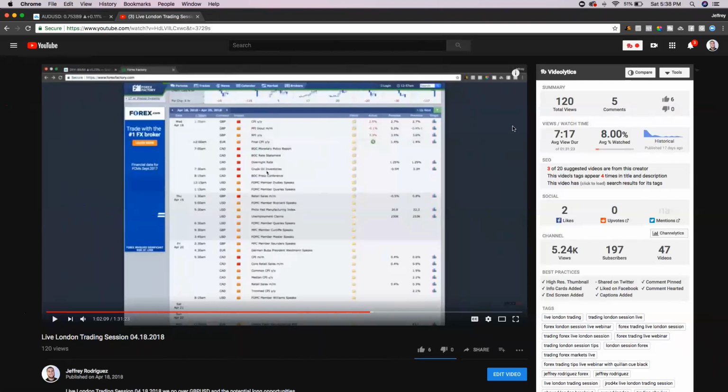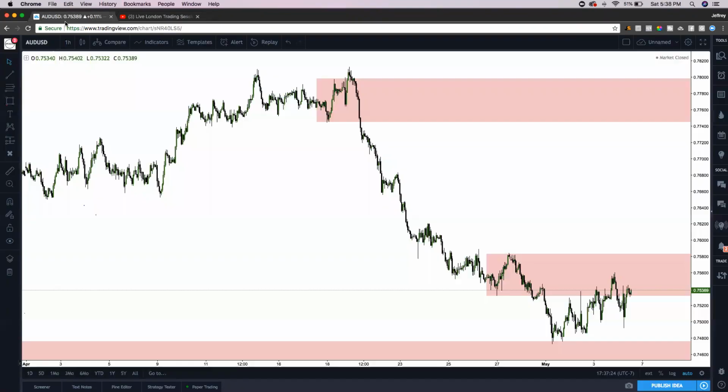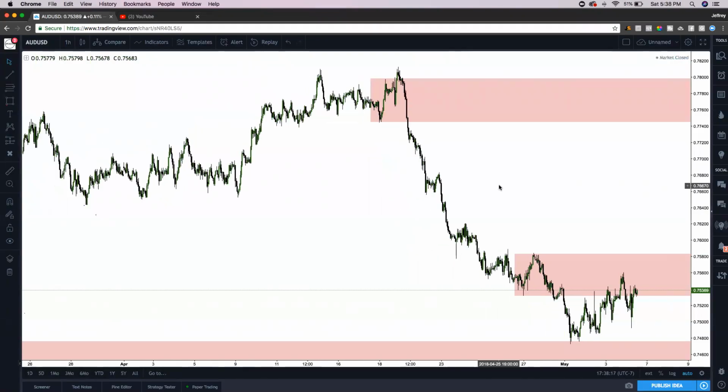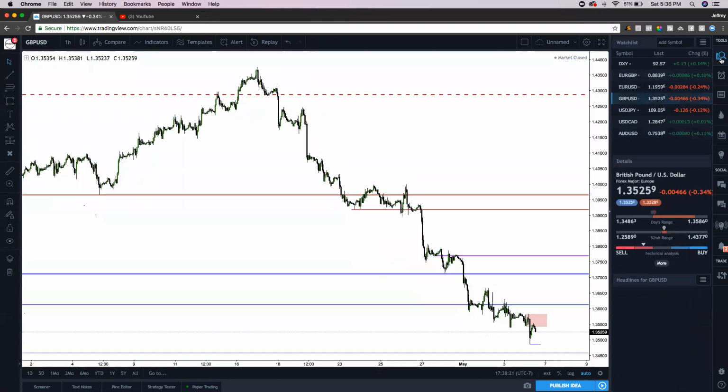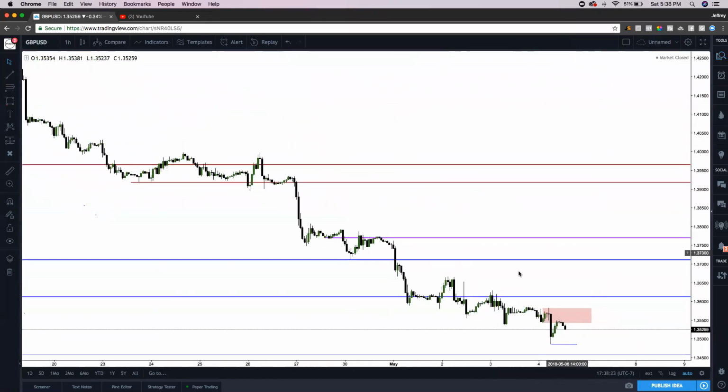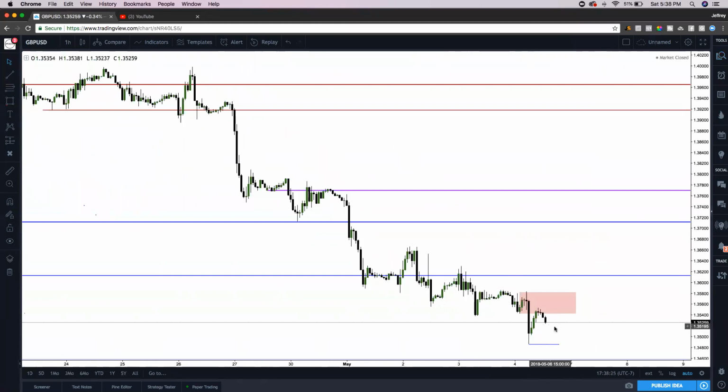It only takes me about 5 minutes, because I have everything marked out on my charts beforehand. For example, if I go to GU, I have all the things on my GU chart that I'm waiting for. So I know what this is, I know what this is, I know what I'm waiting for.